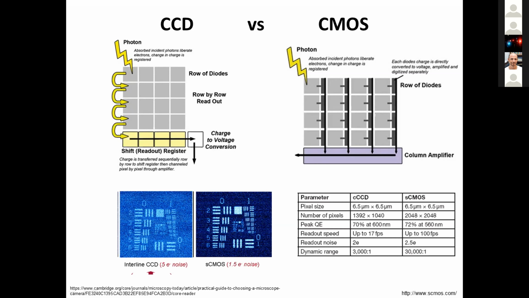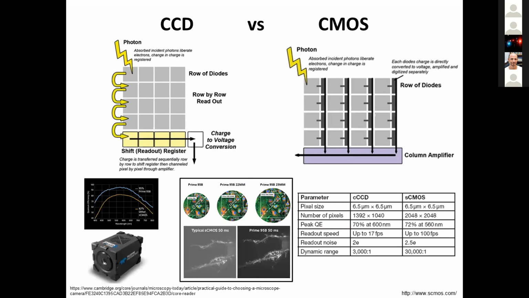Usually CMOS are noisier, and the noise in this case is different for each pixel because all the pixels are different. In the CCD, the noise is very stable along all the pixels in the camera. But nowadays there are new cameras on the market, for example this one from Photometrics, which is back illuminated, and you can go up to 95% quantum efficiency, which is really a good competitor for the EMCCD camera for single molecule.